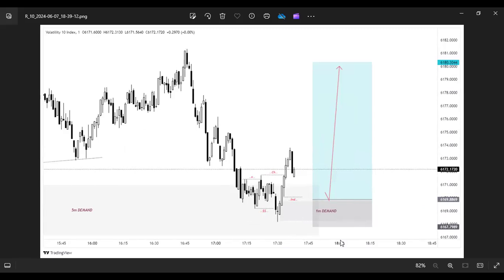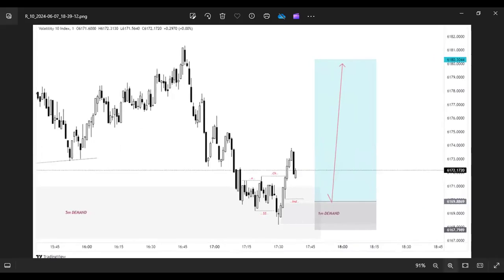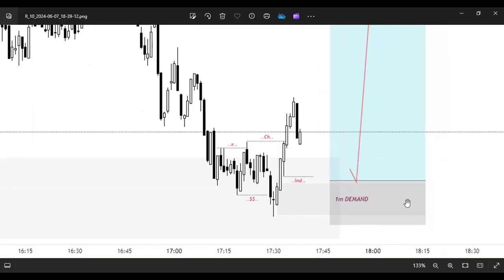Okay, if you look at this zone, let me show you what I'm saying. If you look at this particular candle here, this was supposed to be my order block. You could see this was my major order block for entry. And the mistake I made was putting my stop loss all the way below this.